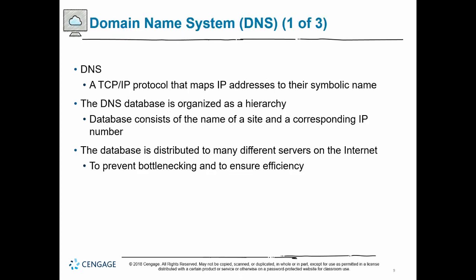So DNS is a TCP/IP protocol that maps IP addresses to their symbolic names, or domain names. The DNS database is organized as a hierarchy. The database consists of the name of a site and a corresponding IP address. It is distributed to many different servers on the internet to prevent bottlenecks and to ensure efficiency.